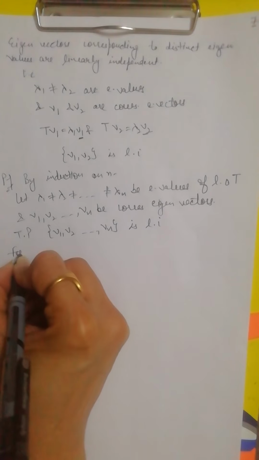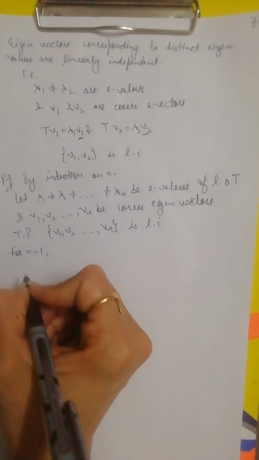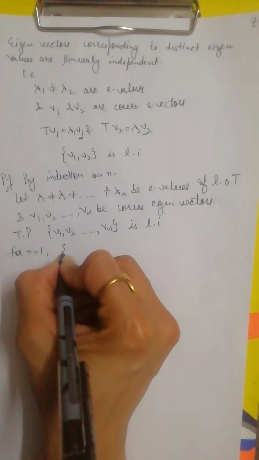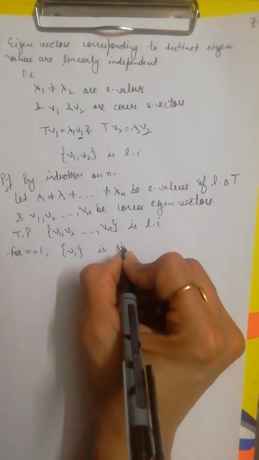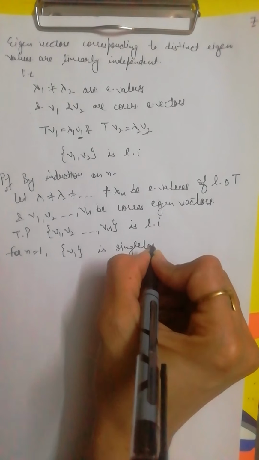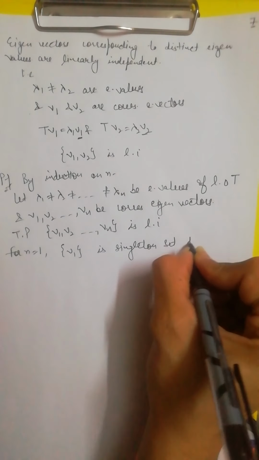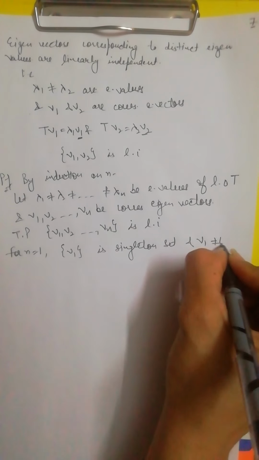For n is equal to 1, only one vector is there, a singleton set, and also v1 is not equal to 0.